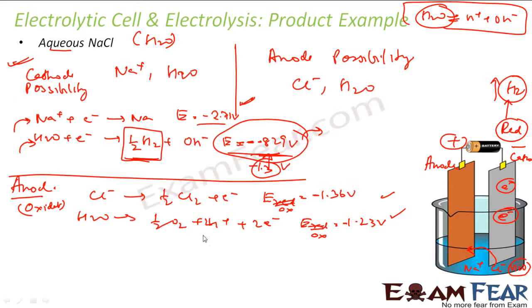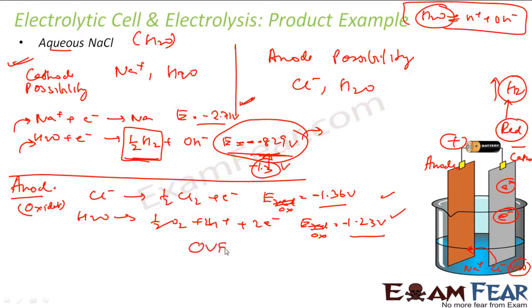For water to get oxidized to oxygen gas, I need 1.23 volt of energy. Looks like water will win, but here is the catch.